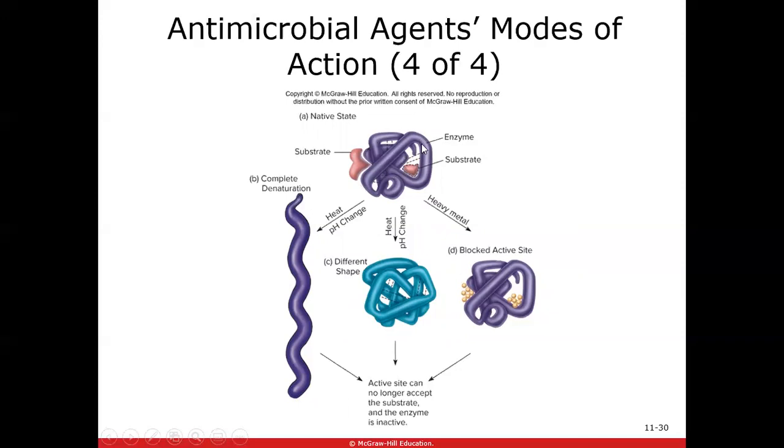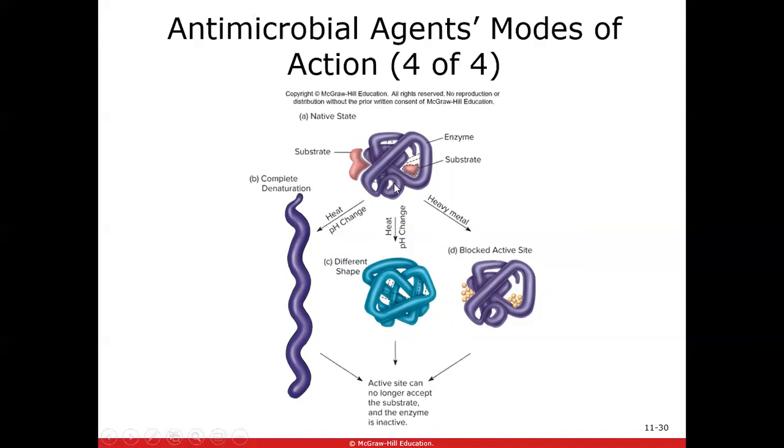Instead of having this tertiary structure, it goes back to a primary or secondary structure. Either way, it won't be able to do what it was made to do. Then if you have heavy metals, the heavy metals block the active sites where the substrate could act. If it blocks the active site where the substrate would have come in, then this enzyme will not be able to do what it's supposed to do in a bacteria or microorganism.